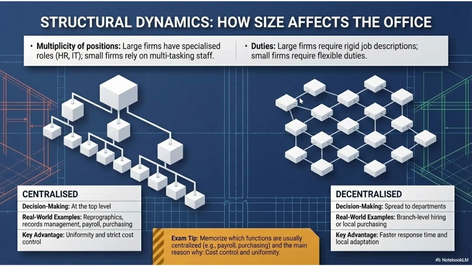So if you have any, for example, printing to do, any copying to do, any filing, all those things happen in one place. When it's decentralized, everything happens in different departments. So the production departments will be doing their own thing. Finance departments will be doing their own thing. HR departments will be doing their own thing. And that's how it will go, right?